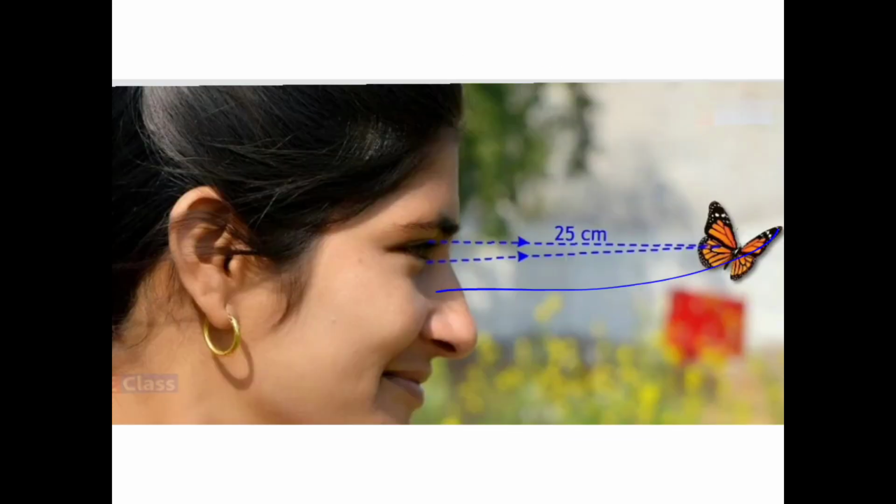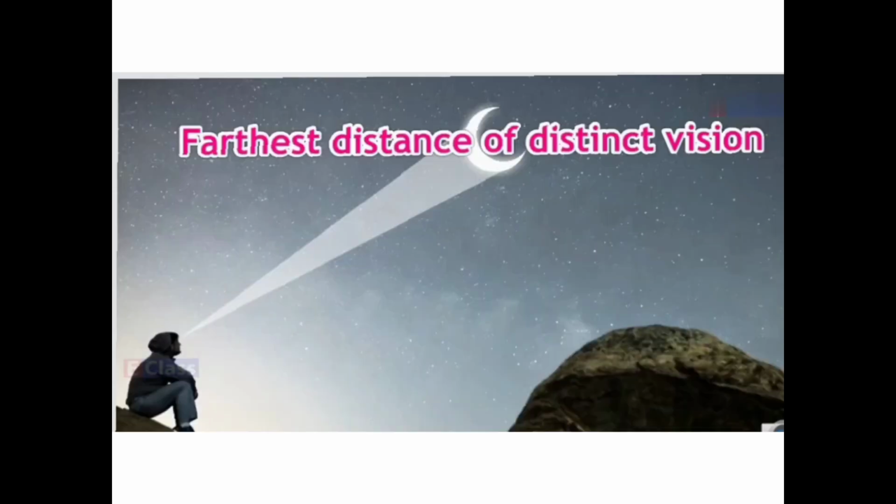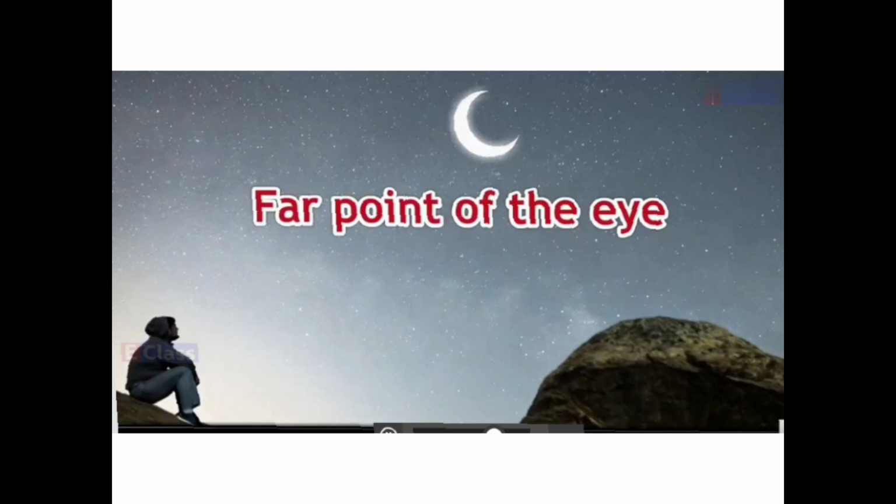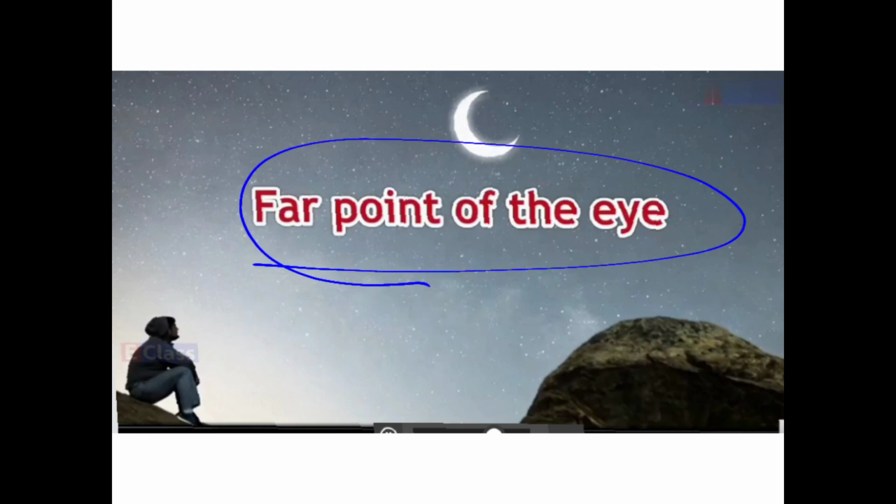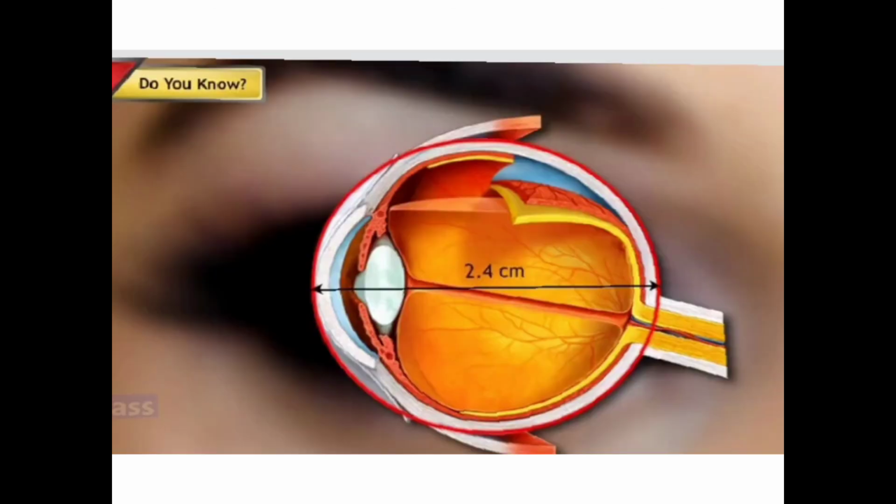The minimum distance of clear vision is 25 centimeters. But you can see the moon and stars. They are at a very large distance, kilometers and kilometers away from us. But still we are able to see them, isn't it? So the far point of our eye is nothing but infinity.